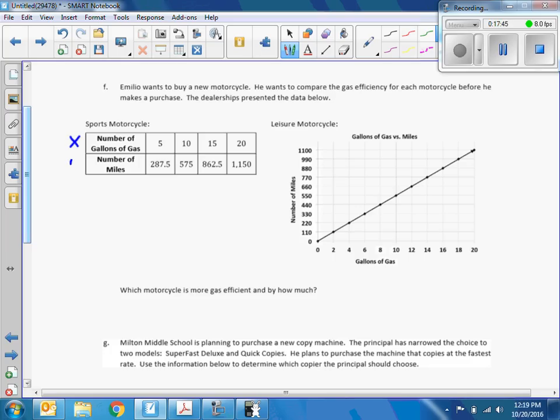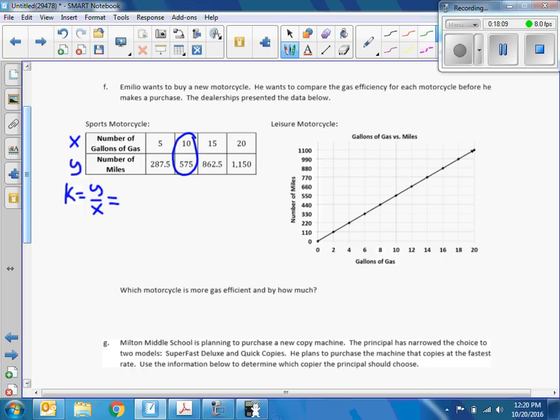So what you need to remember is that these are X's and Y's, and that K equals Y divided by X. So in this case, it is miles divided by gallons would give me miles per gallon. So in this case, I would choose something that's really easy to divide by, 10. And I'm going to use this one.